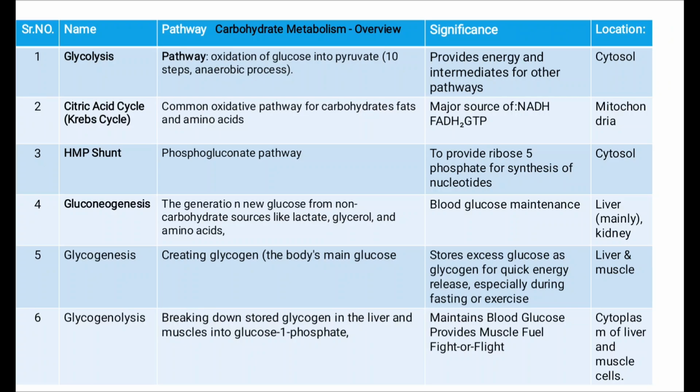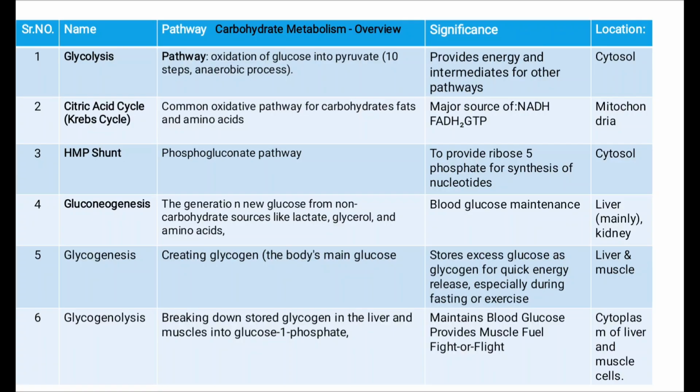This pathway has 10 steps. Steps 1, 3 and 10 are irreversible; the others are reversible steps. You have to remember that 1, 3 and 10 are irreversible and the others are reversible. This pathway provides energy and intermediates for other pathways. This occurs in the cytosol.